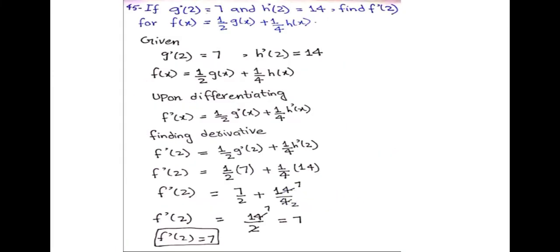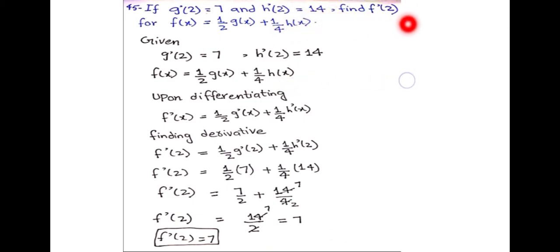Another question: if the derivative g'(2) is equal to 7 and h'(2) is equal to 14, find f'(2) for the given f(x). So in this case we are provided with the function as written, and we are also provided that the derivative of one term is equal to 7 and the derivative of the other term is equal to 14.